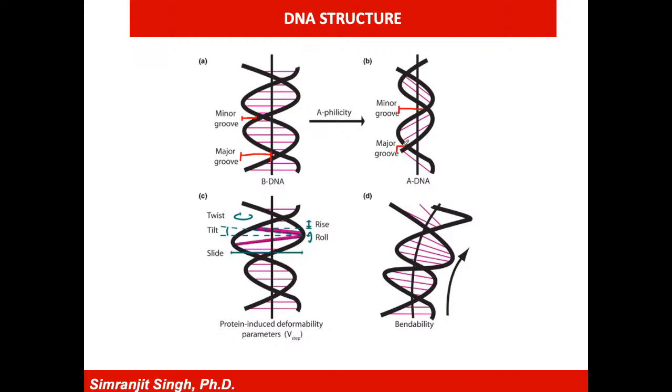So it's the opposite of the B DNA. Now also there is one term I have discussed, the rise, that is the distance between two nucleotides, and there is another term called tilt. Tilt is the angle between two nucleotides, and it's different in each DNA.